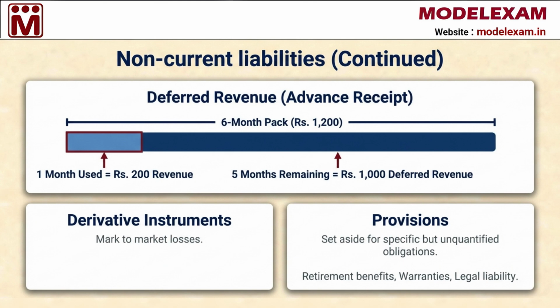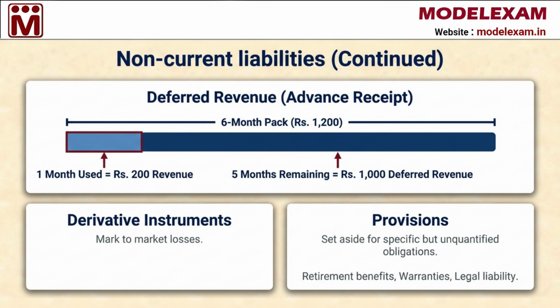There are other non-current liabilities to consider. One is deferred revenue, which is an advance receipt. Imagine a customer buys a 6-month pack for rupees 1,200. After 1 month, the company earns rupees 200 as revenue.